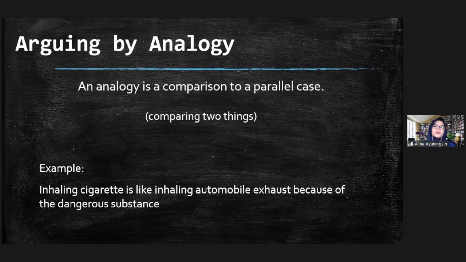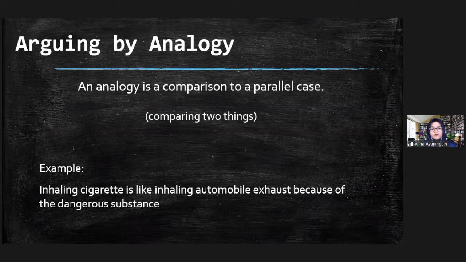This is to make your reader understand that the substances inside the cigarette smoke have the same dangers as the automobile exhaust. That is arguing by analogy.